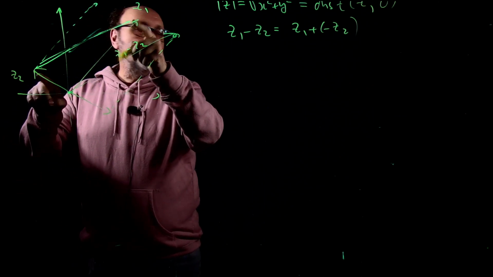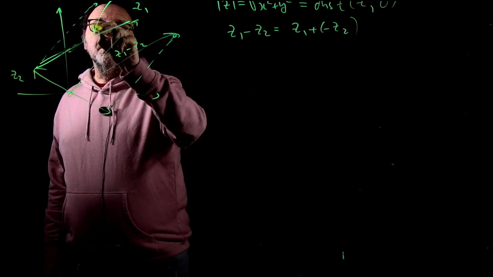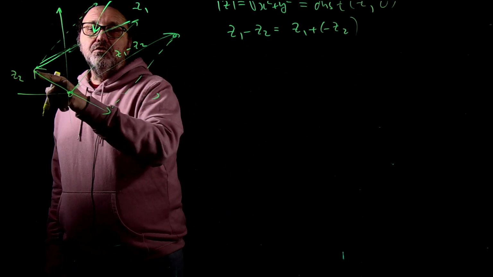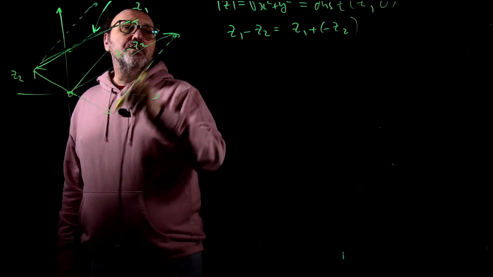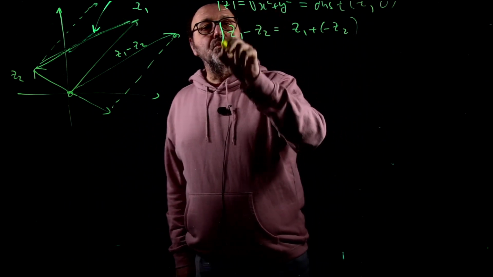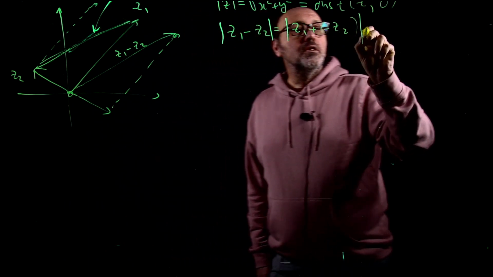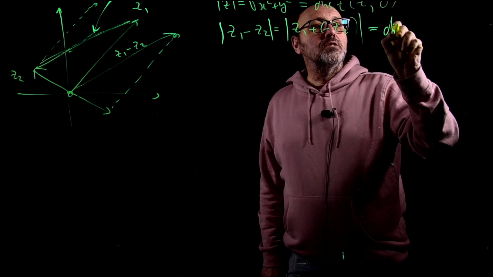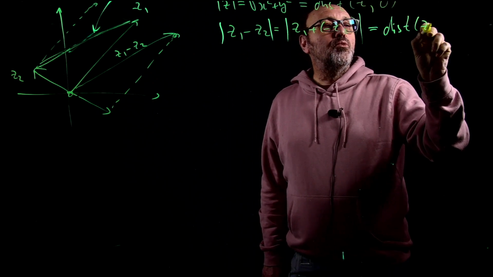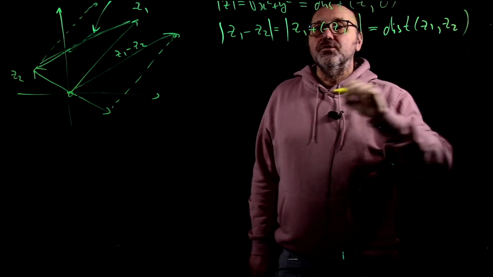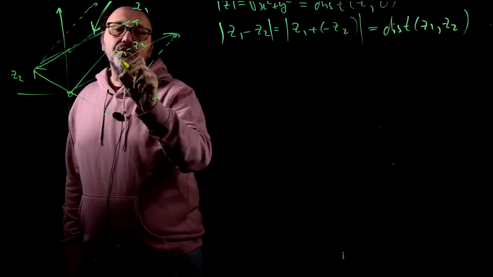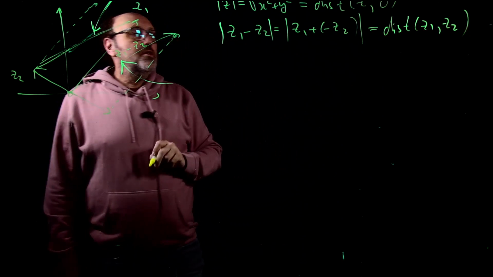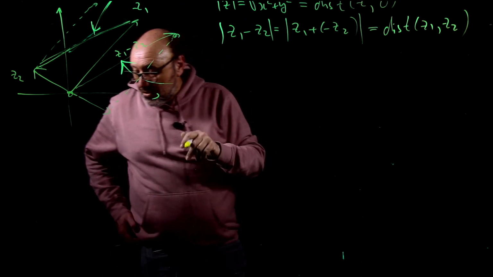The length of this diagonal is the distance between Z1 and Z2. So this is the same as the length of the vector Z1 minus Z2. So the modulus of this is just the distance between these two points, Z1 and Z2, right? So here and here, the length is the same.